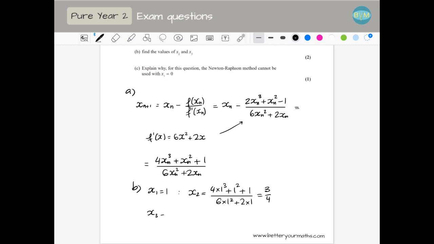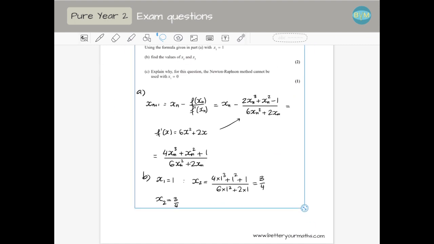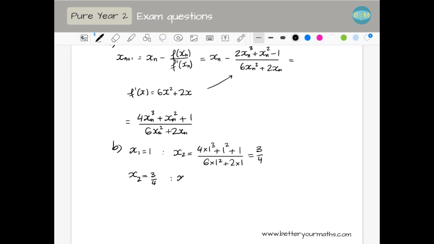And then x_3. I'm going to start with x_2 to find x_3. So x_2 is 3/4, which means that x_3, substituting in the formula, is going to be 4 times 3/4 cubed plus 3/4 squared plus 1 in the numerator, and in the denominator I have 6 times 3/4 squared plus 2 times 3/4.